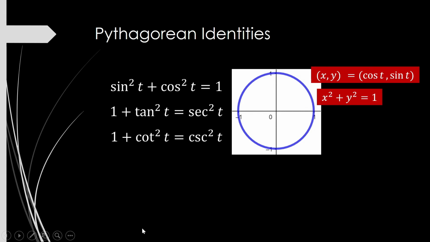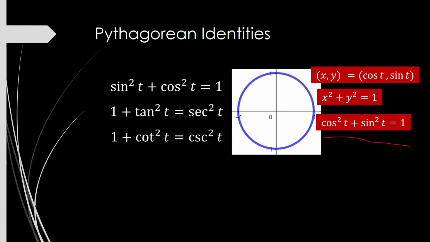And your x and your y there are cosine of t and sine of t. So by substitution, the square of cosine of t plus the square of sine of t is equal to 1. So this is basically a Pythagorean statement, an equation that is a direct result of the Pythagorean theorem.